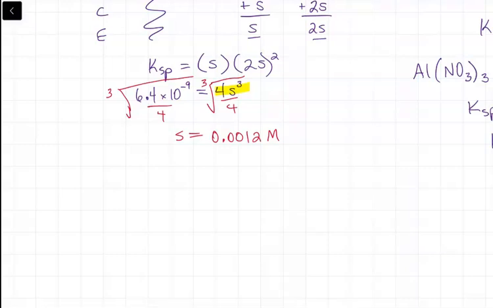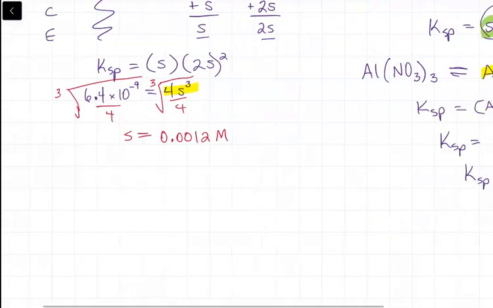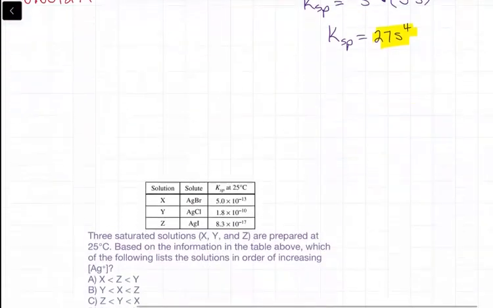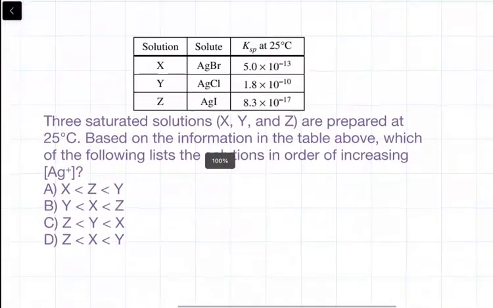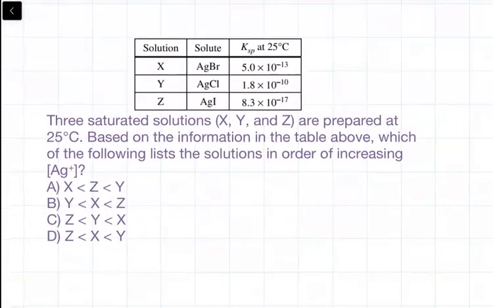So, for example, here's a little question from one of our problem sets. It says 3 saturated solutions, X, Y, and Z, are prepared at 25 degrees Celsius. Based on the information in the table above, which of the following lists the solutions in order of increasing concentration of silver? That just means least to most soluble.